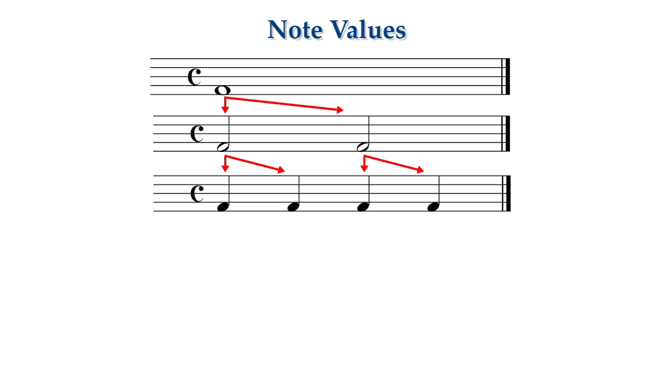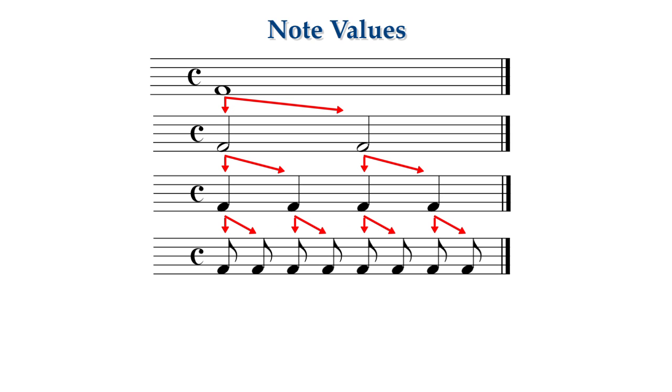A solid oval with a stem fills 1/2 of the value of a half note, a quarter of a measure of common time, and is called a quarter note. Two quarter notes represent the same duration of time as one half note. Four quarter notes equal the same duration of time as a whole note.